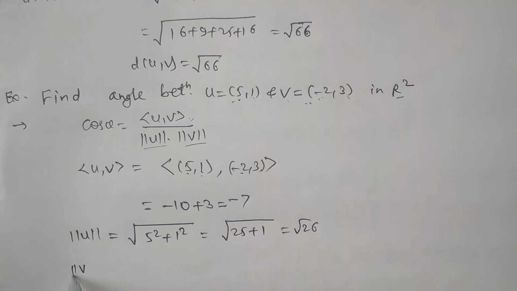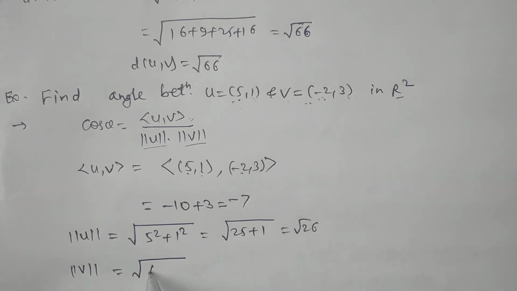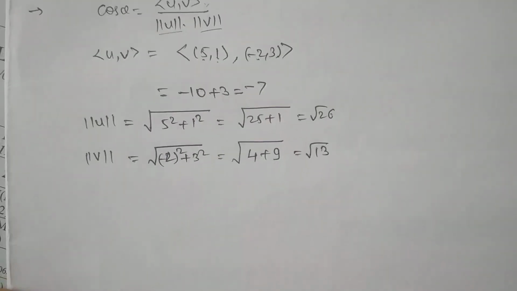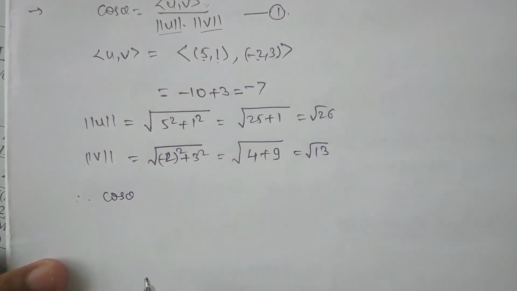And norm of v, under root of b1 square plus b2 square. b1 is minus 2, so minus 2 square plus 3 square. So under root of minus 2 square is plus 4, 3 square is 9. So this is under root of 13. Therefore, cos theta is equal to, put all these values in equation number 1.